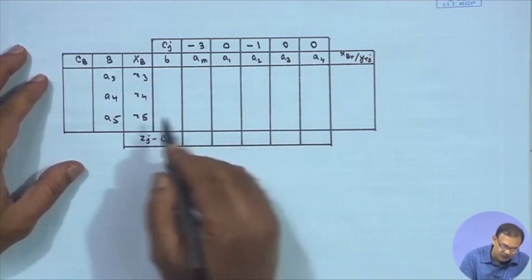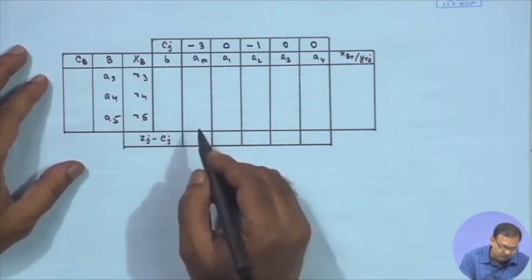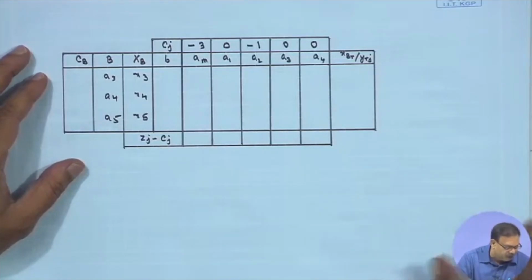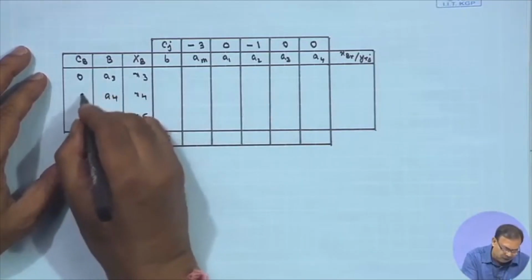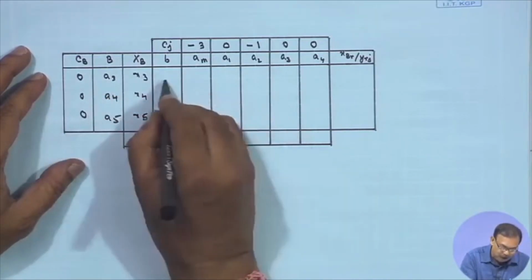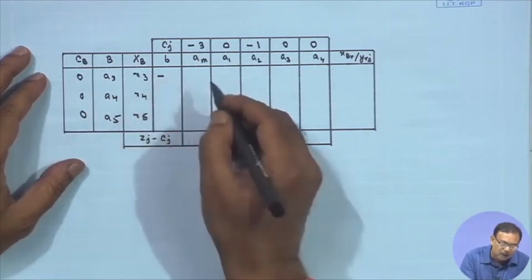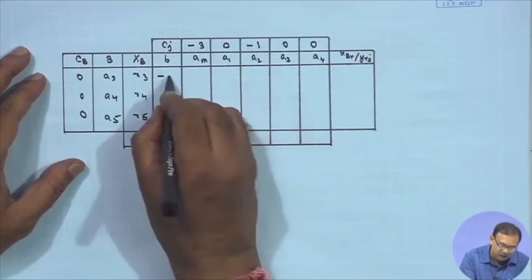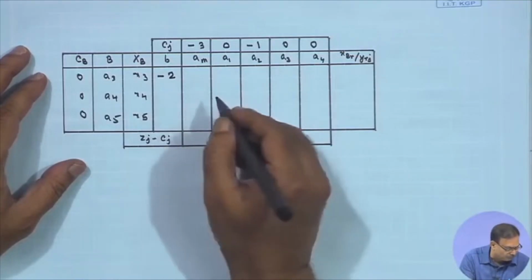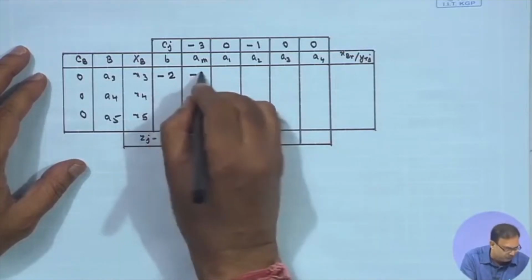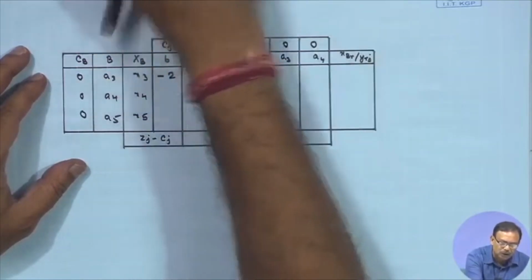Your C B values will be in that case 0, 0 and 0 for a 3, a 4 and a 5. These values will come as I am directly writing again.